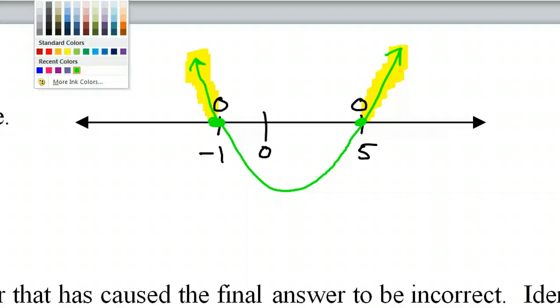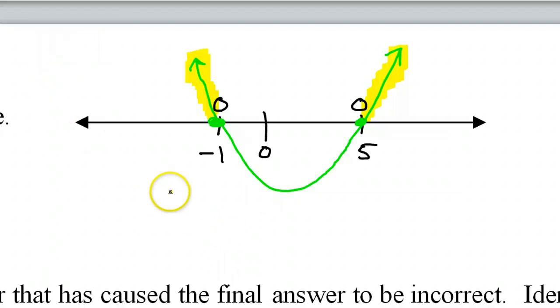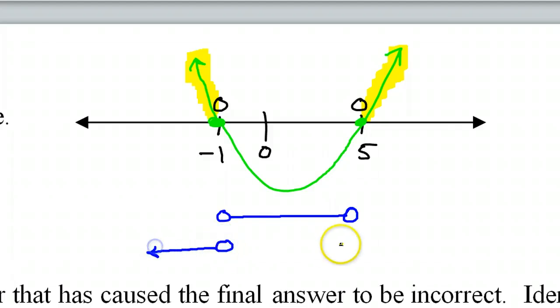If you understand that, when we solve these problems, 19 times out of 20, we're either going to get an inside graph like this, or we're going to get an outside graph like this. Given these choices, it's pretty obvious that this is the outside graph, because we have a branch going to the left and a branch going to the right. So that is what we were dealing with.